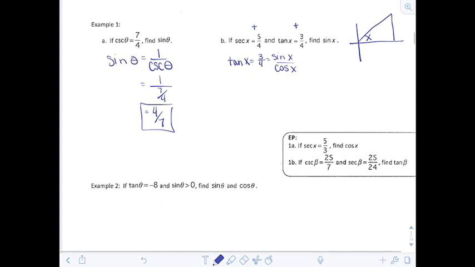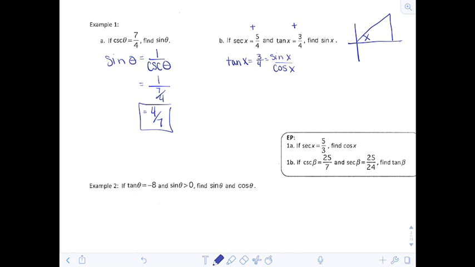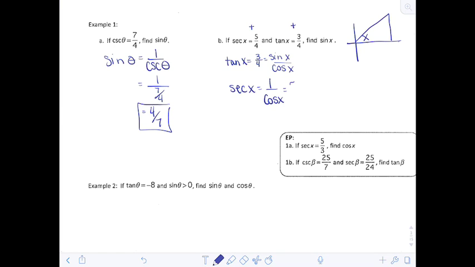And then I also know that the secant is 1 over the cosine of x, and the secant of x is 5/4.